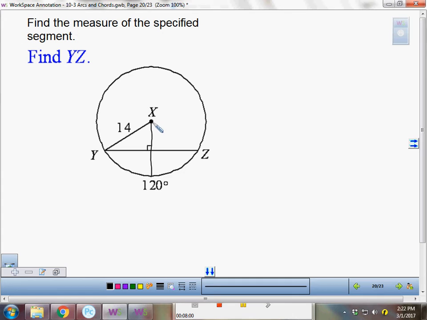Well, if you think about this shape right here, I know that this is also 120, and it is bisected by this perpendicular bisector. So that means that this angle is going to be 60, and this angle is 60. Well, I'm trying to find YZ, which is the whole thing. But if I know half of it, let's say I know this part right here, then I can double it to get the whole thing.